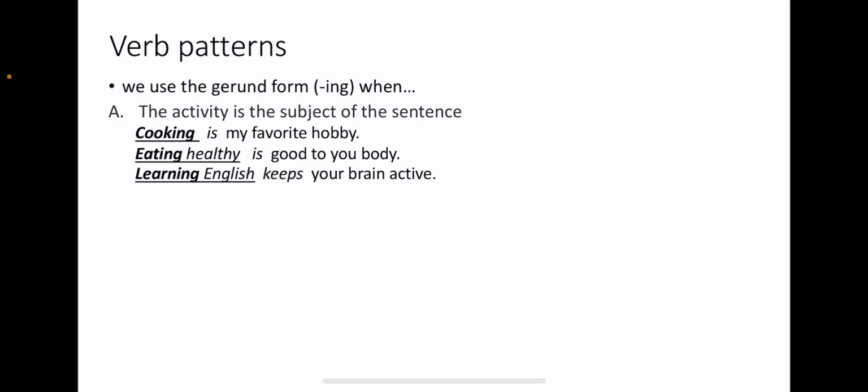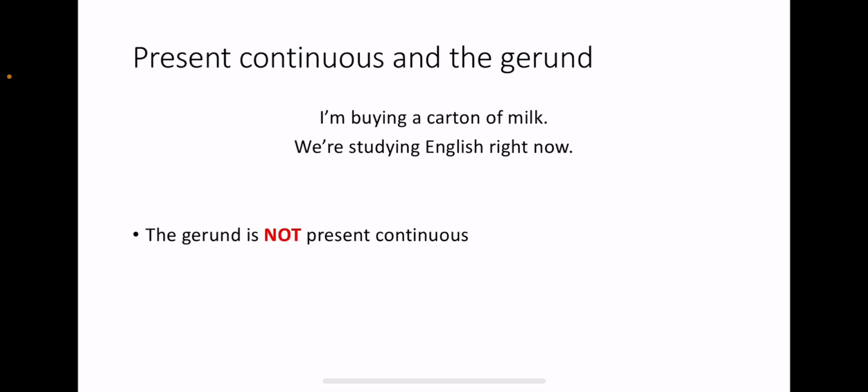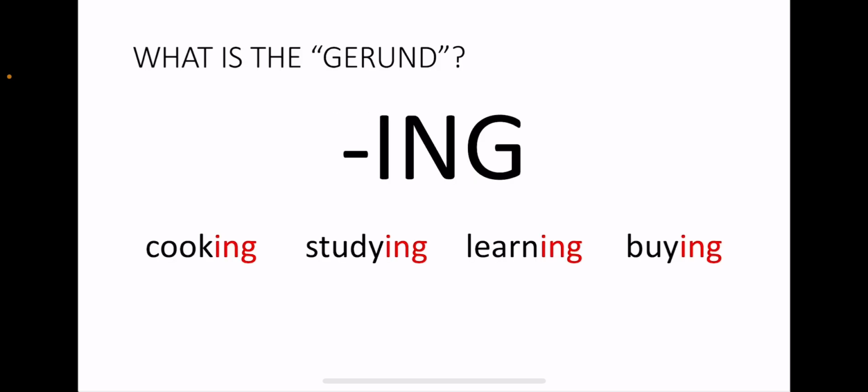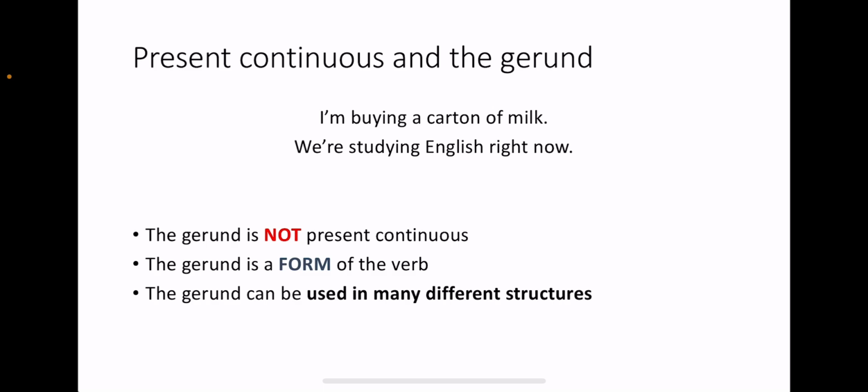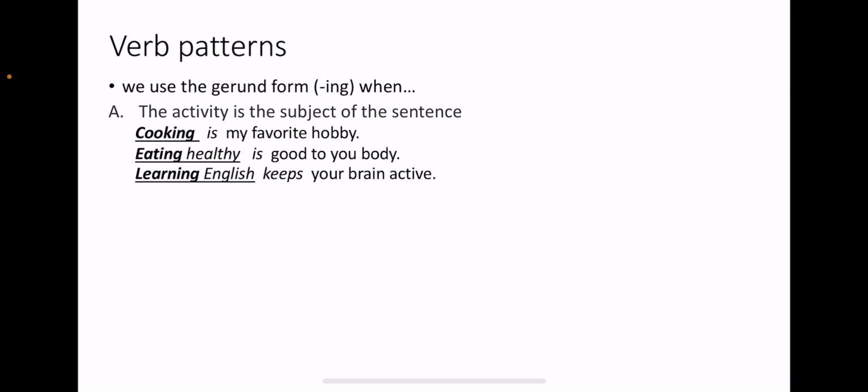Remember that we mentioned that we use gerund with verbs, and we know that a verb is the action of a sentence, right? But in this case, cooking is not the verb of the sentence. Which is the verb of the sentence? Can you identify the verb of the sentence? The verb is, right? So cooking is the subject. So I'm using the phrase cooking as a subject.